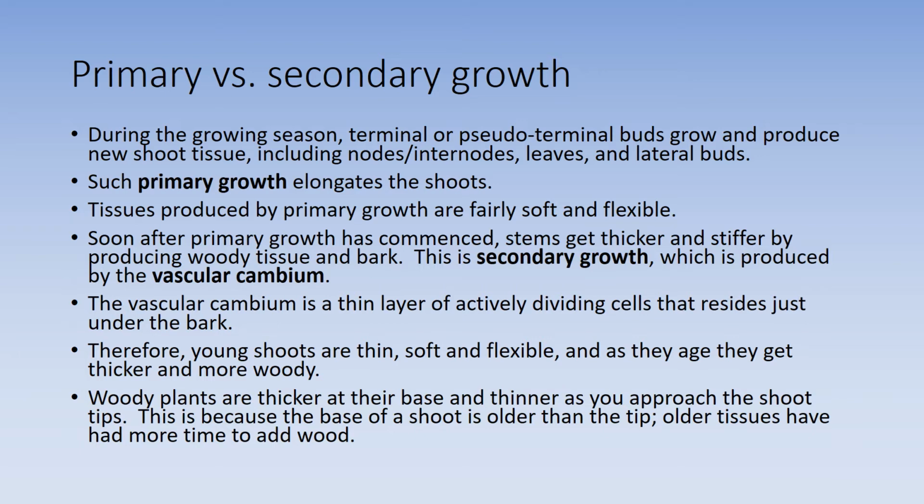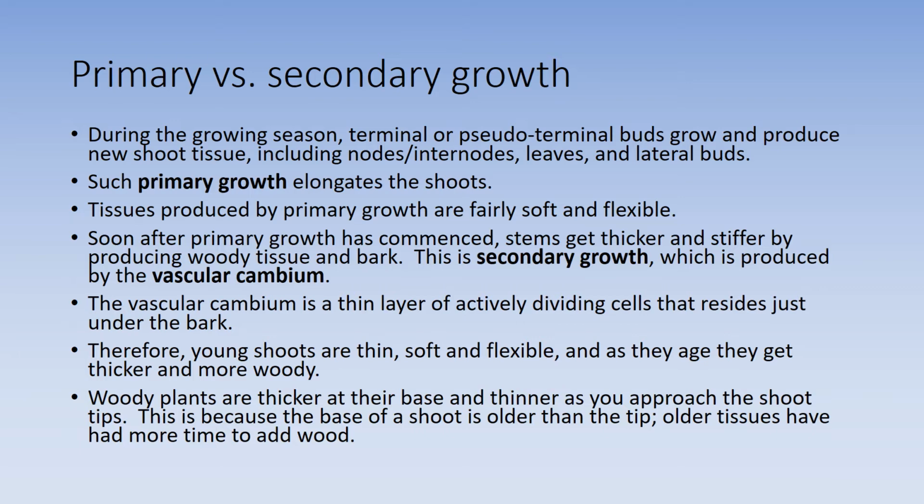Soon after primary growth has commenced, stems get thicker and stiffer by producing woody tissue and bark. This is secondary growth, which is produced by the vascular cambium. The vascular cambium is a thin layer of actively dividing cells that resides just under the bark.